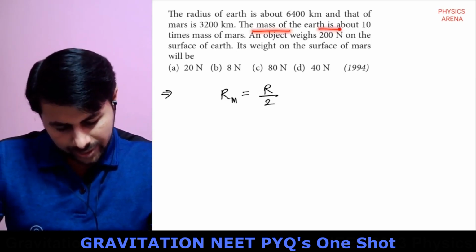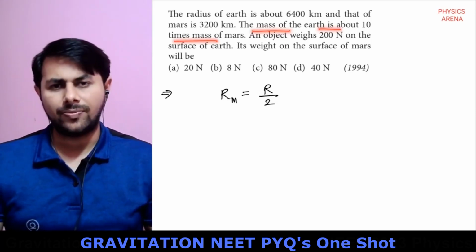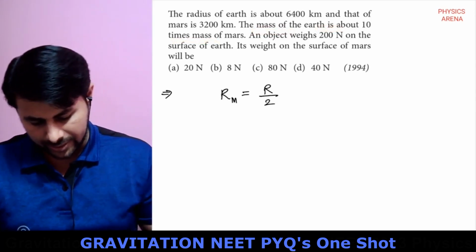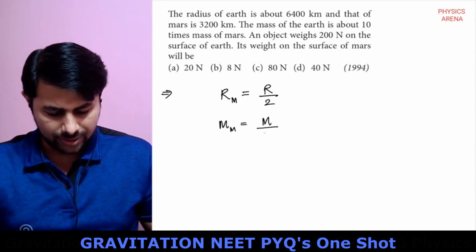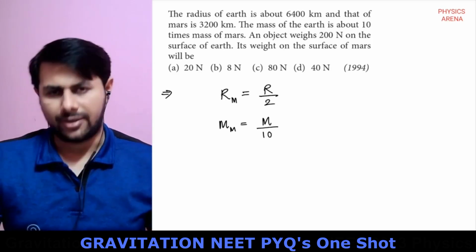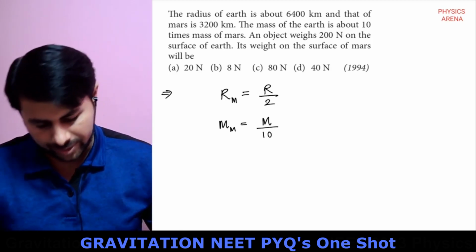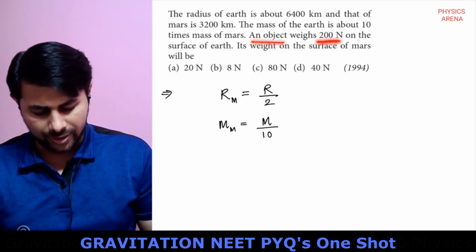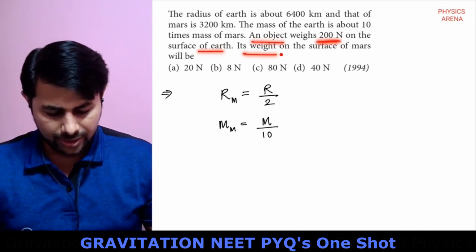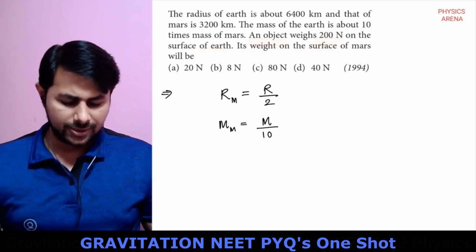And the mass of Mars is equal to the mass of Earth divided by 10. Then an object weighs 200 Newton on the surface of Earth. Its weight on the surface of Mars will be?